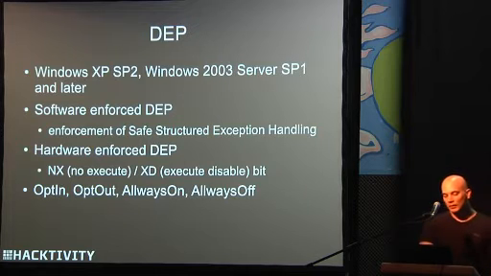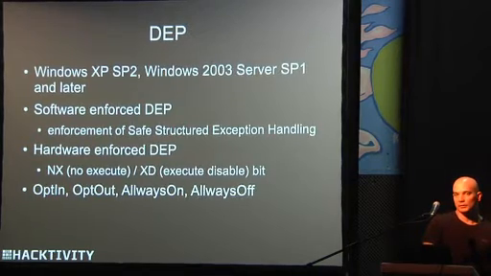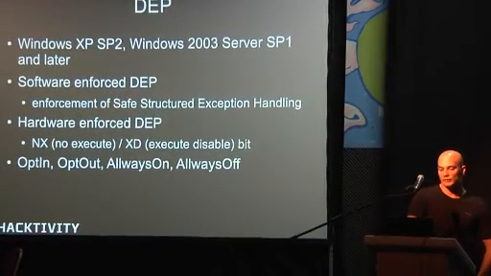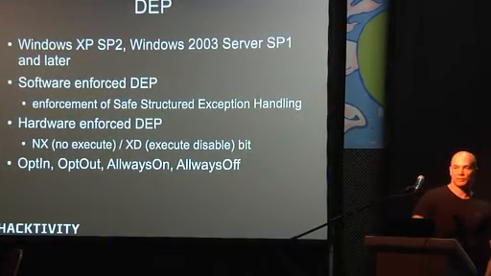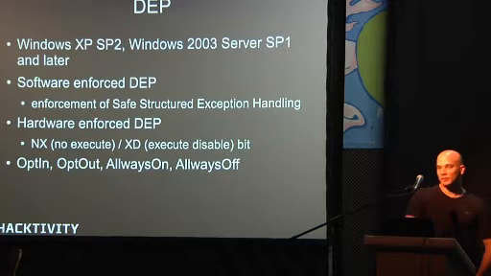And DEP has many switches or parameters that can be set: opt-in, opt-out, always on, always off, namely. And it depends on the operating system and service pack what the default setting is. In the opt-in case, the basic modules of the system and system files are protected, and anything else can also be covered by DEP as required.